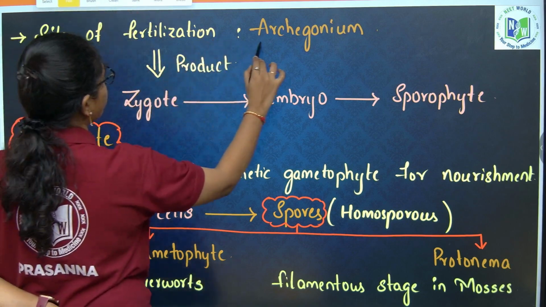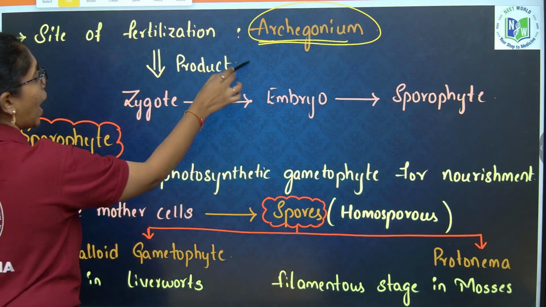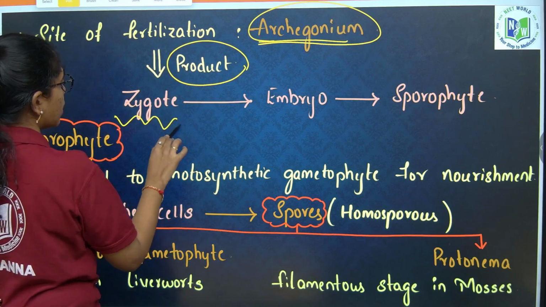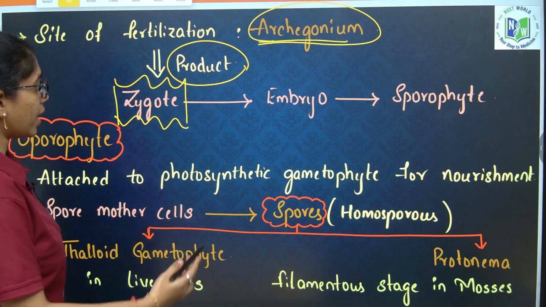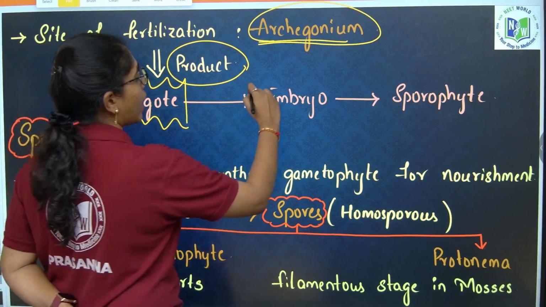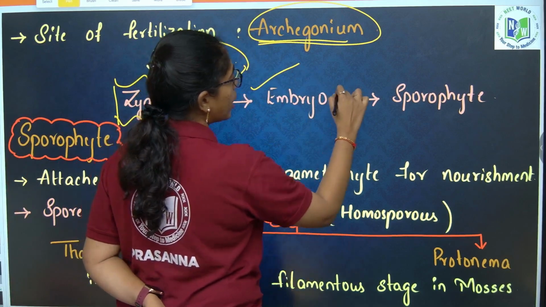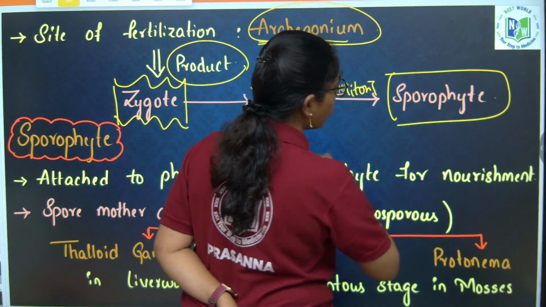What is the product of fertilization? Zygote. Zygote undergoes sequential mitotic divisions and forms an embryo. Embryo undergoes mitosis again and develops into a sporophyte.